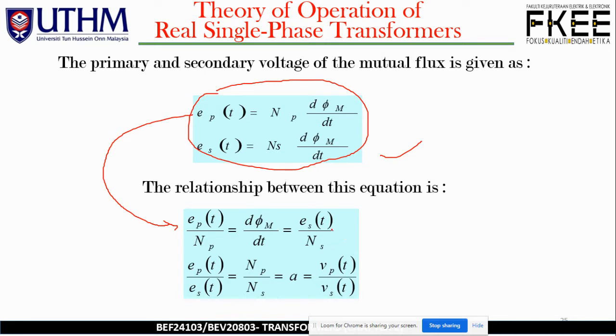From here you may rearrange the equation to obtain a, the turns ratio. This is nothing but Ep over Es, or Np over Ns in terms of number of turns, as well as the voltage Vp over Vs.